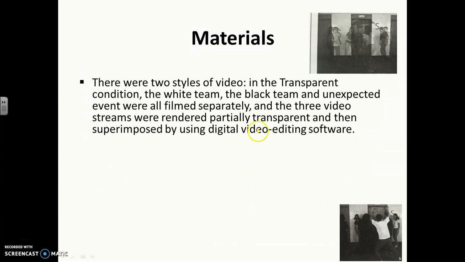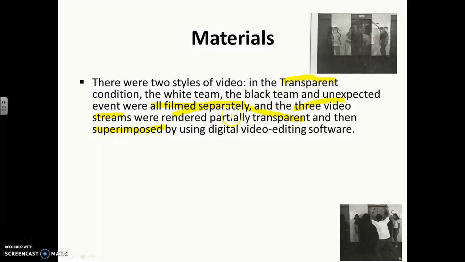Materials: there are two styles of video in the transparent condition. In the transparent condition, the white team, the black team and the unexpected event were all filmed separately, and then the three video streams were rendered partially transparent and superimposed using digital footage.